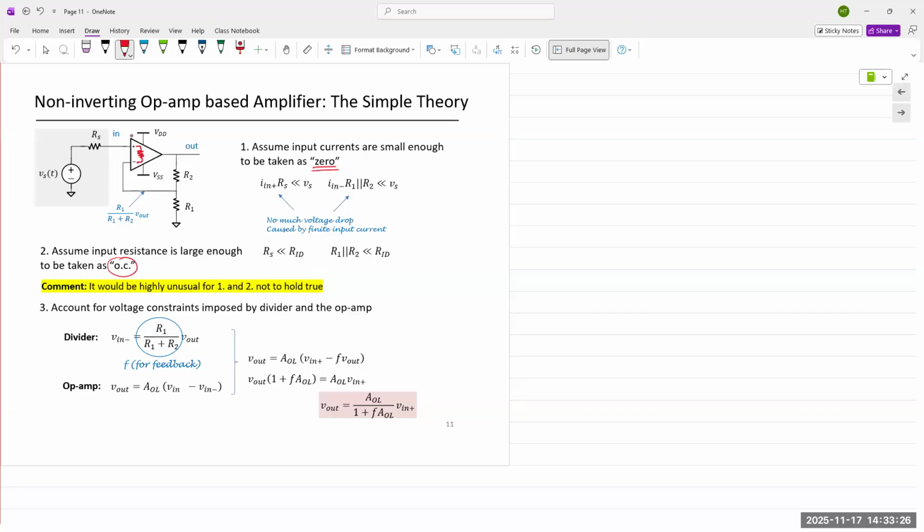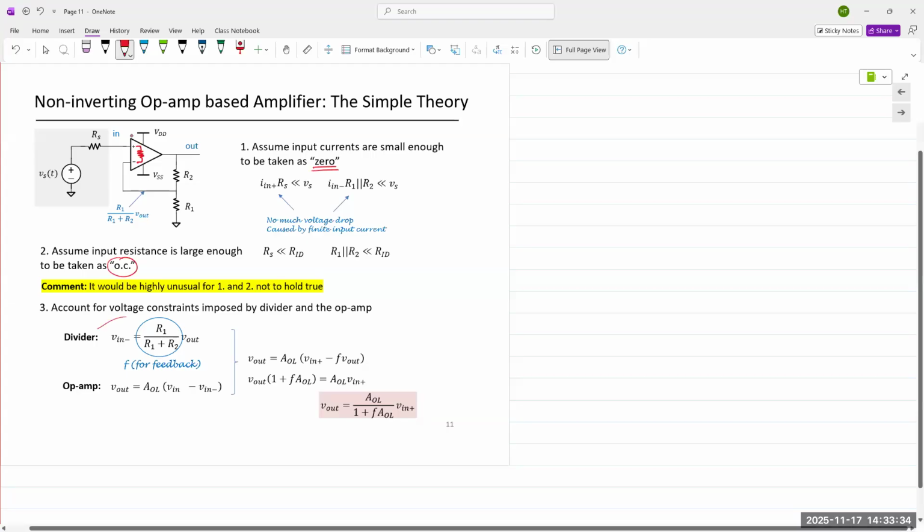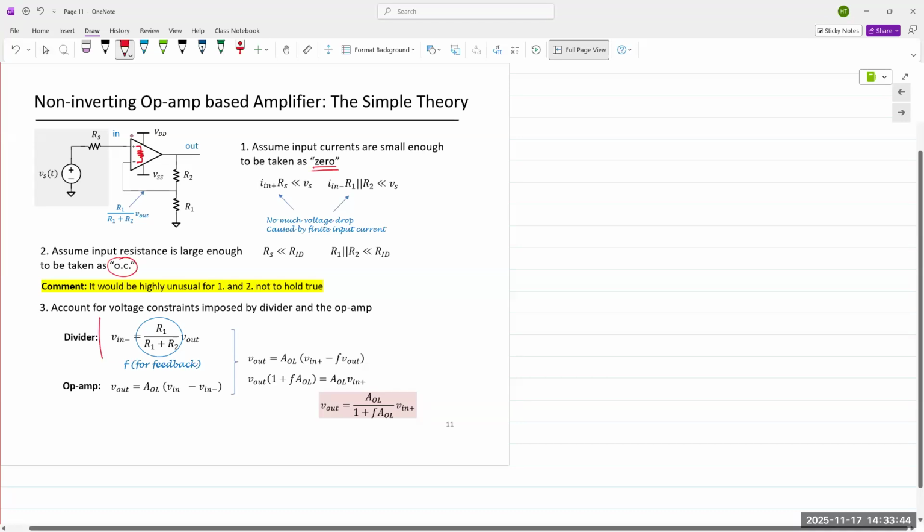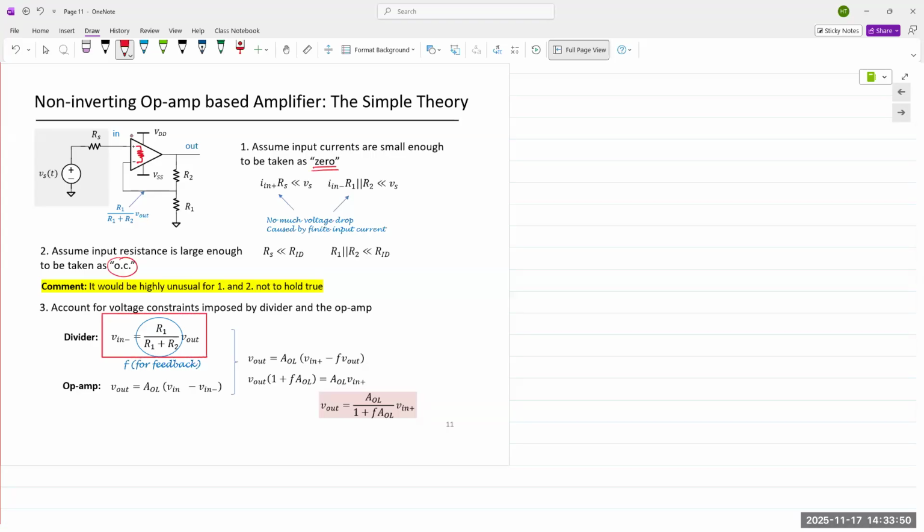Those assumptions allow us to develop this expression. The voltage divider network gives us V in minus is equal to R1 over (R1 plus R2) times V out. That's the expression for the voltage at the inverting terminal, V in minus.